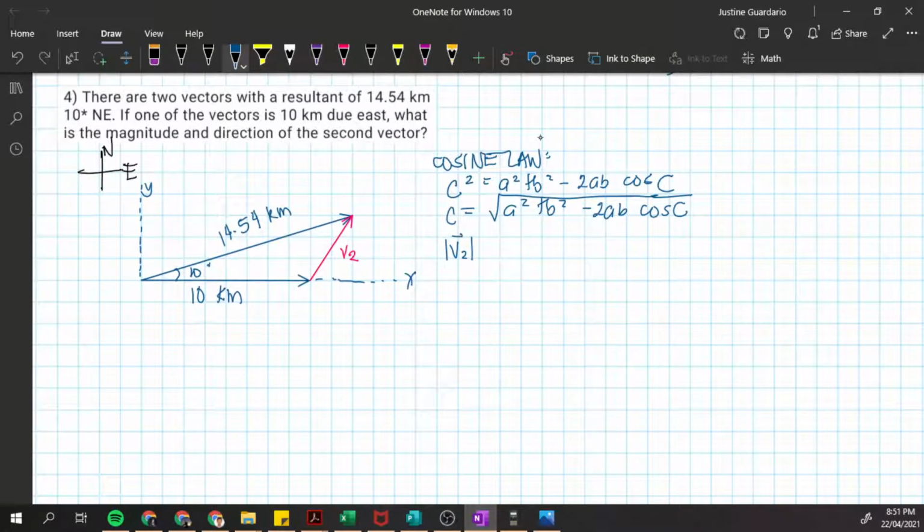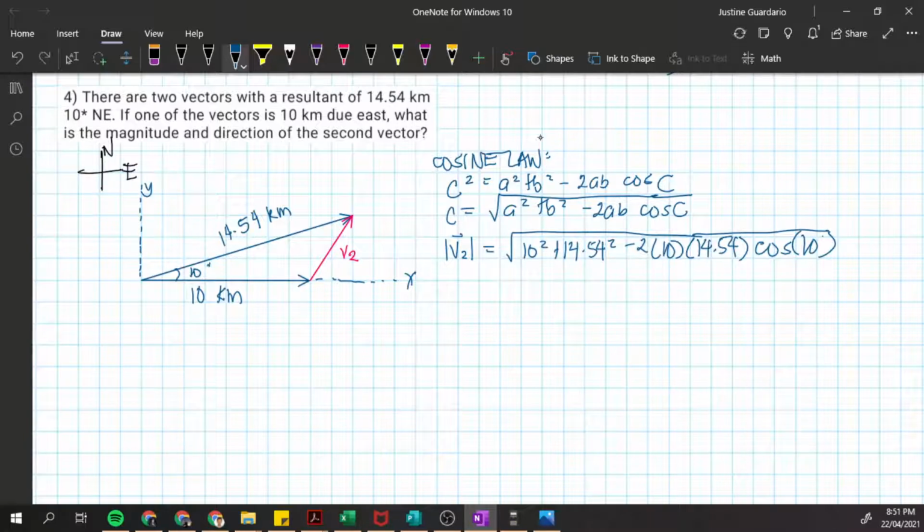The magnitude of that one is equal to the square root of 10 squared plus 14.54 squared minus 2 times 10 times 14.54 times cosine of 10 degrees. Okay?